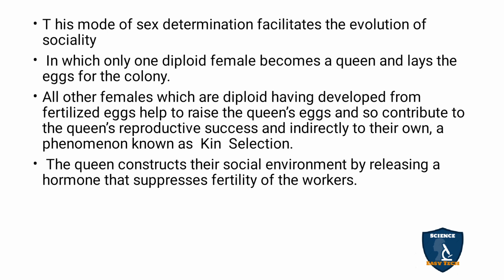Because of this, only one queen is there and the queen alone lays the eggs, while the worker bees nourish the eggs and the young bees, and the drones do the fertilization, because drones are haploid but the queen bee is diploid. So haplodiploid sex determination is seen in some insects like ants, wasps and honeybees.